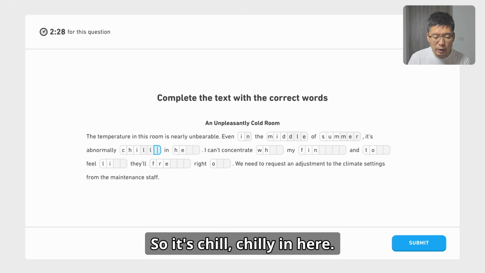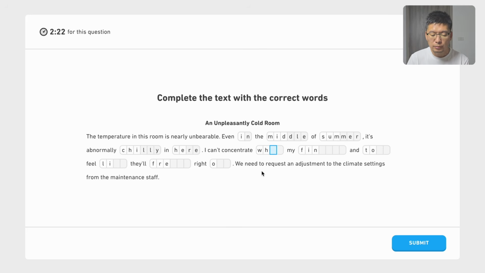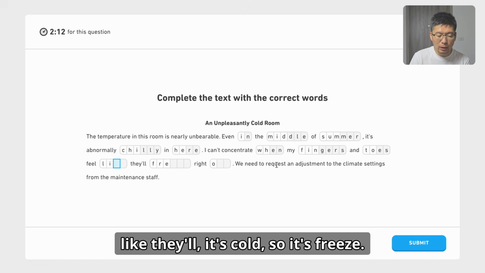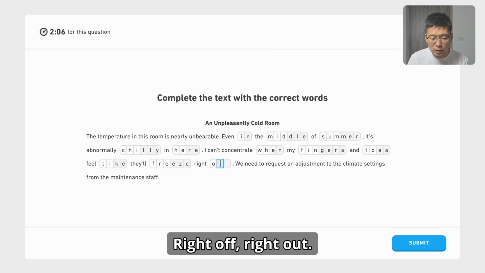So it's chilly in here. I can't concentrate when my fingers and toes feel like it's cold, so it's freeze right out. It's freeze right off.